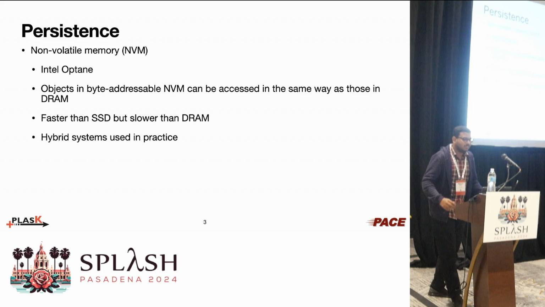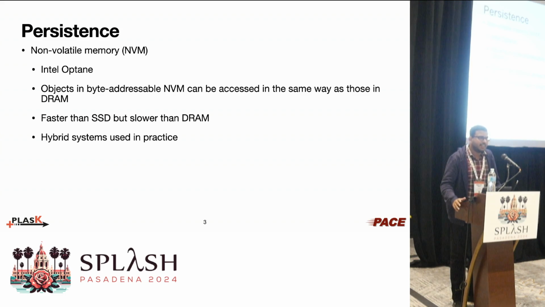Yeah, so as I was saying, the added advantage of this Intel Optane memory is that you can access these objects in a similar manner to the objects on RAM. So it is faster than SSDs, but obviously slower than the RAM. So what we do here is use hybrid systems where we have non-volatile memory as well as the RAM, and we store some fraction of objects on the non-volatile memory while the rest of the objects are kept on the RAM.